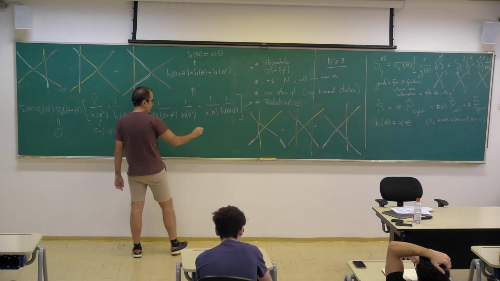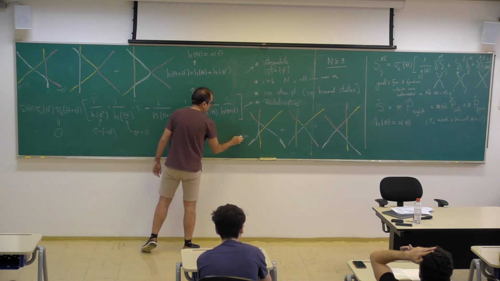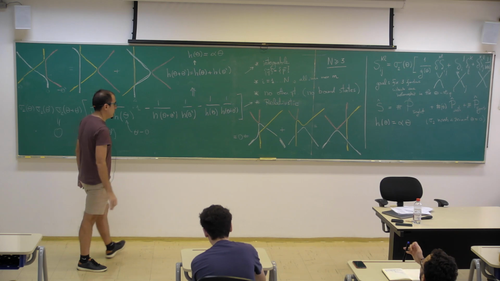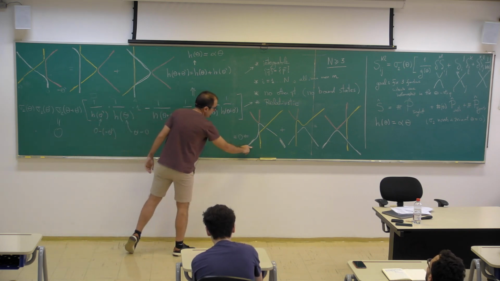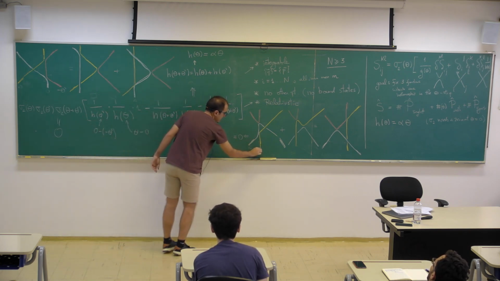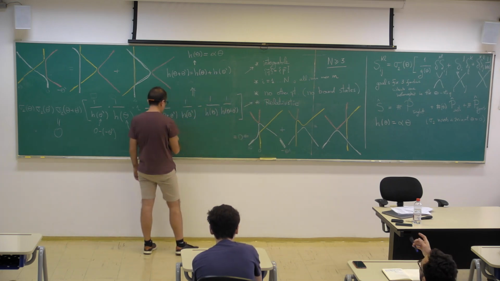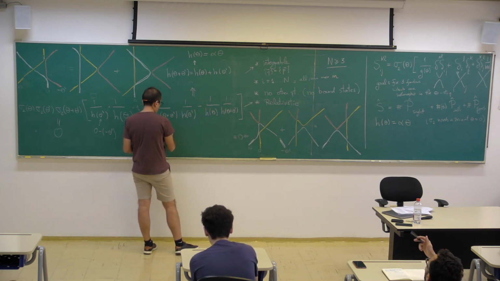So the equation now from this will tell me that 0 is equal to, let's do this one here. Again, this is theta, this is 0, this is minus theta prime. So I start with a reflection, so 1 over h of theta.